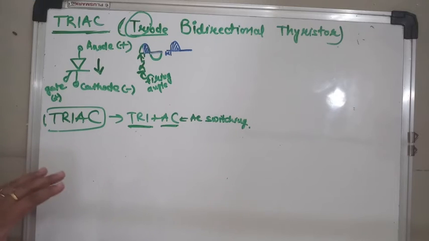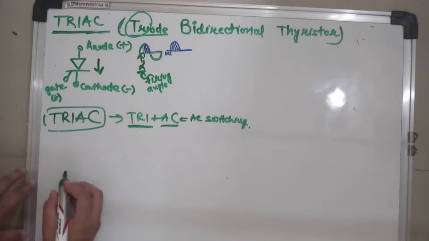Before starting to study the basic structure, I am going to discuss the equivalent circuit of a triac. A triac is nothing but two SCRs connected in anti-parallel.